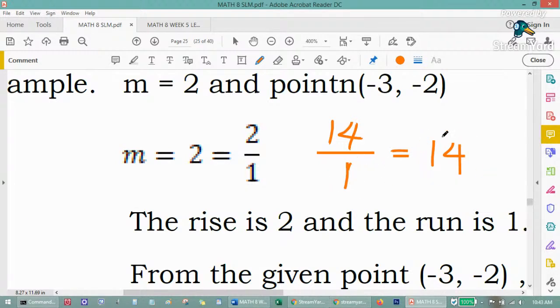Hindi siya nagpapalit. So, bakit natin dinivide ng 1 to? Para magkaroon tayo ng numerator at denominator para maging fraction form. So, ito yung magiging rise natin at ito yung magiging run natin. Okay, so ito yung magiging rise.